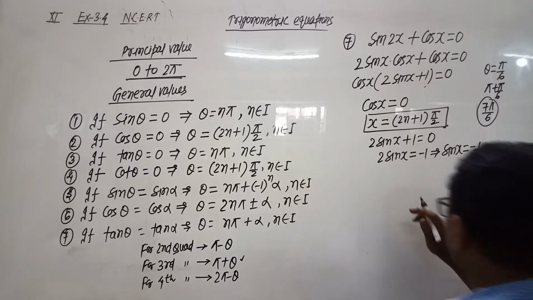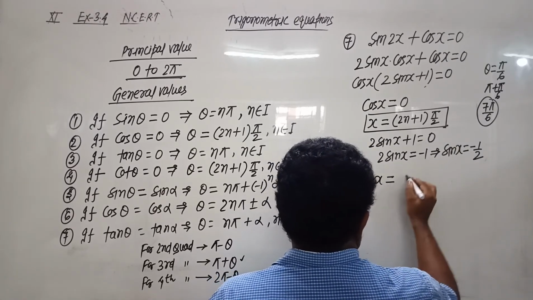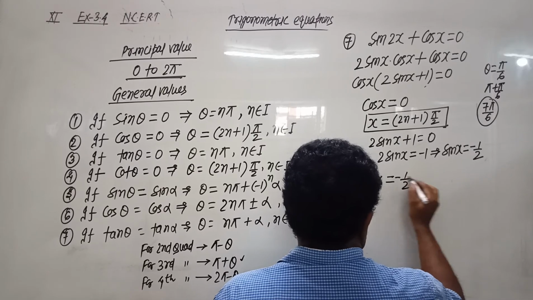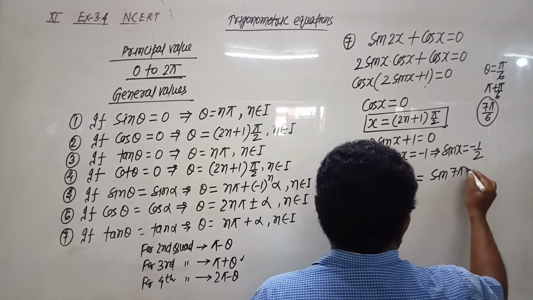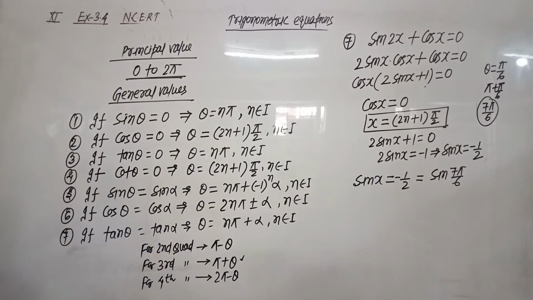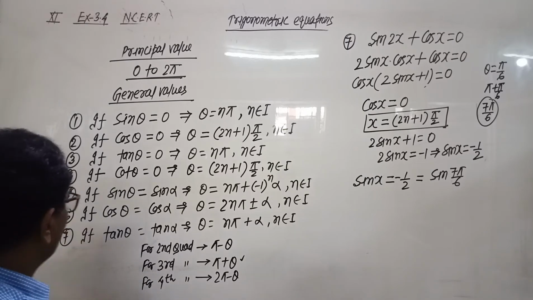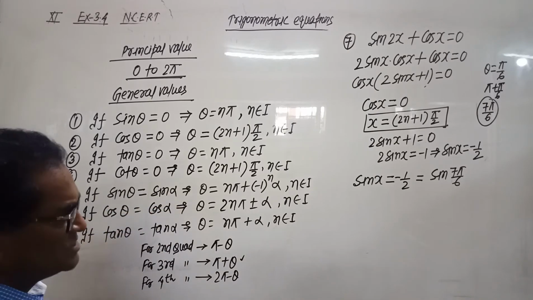Now we can write that sin x equals to minus 1 by 2 equals to sin of 7 pi by 6. Then we use the formula number 5, sin theta equals to sin alpha.